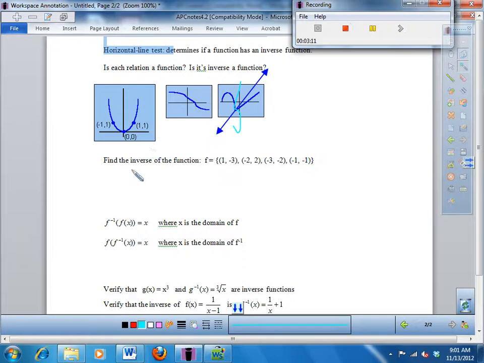Okay? So to find the inverse of the function, what an inverse does is it takes whatever you got for your output and turns it into the input. For example, say I have some function, f of x. And I plug in a number like -3. And I get out 5.